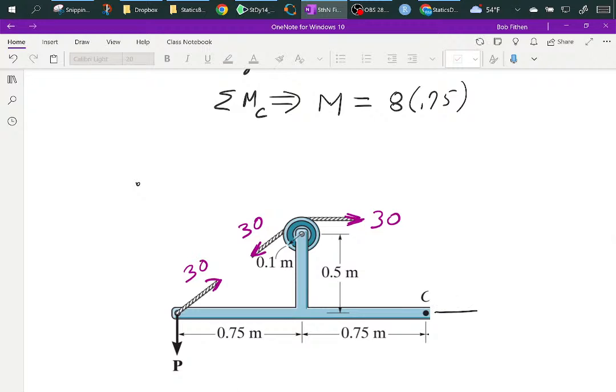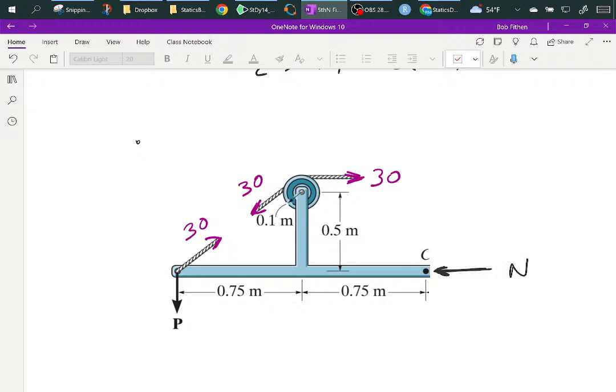Okay, so here's my normal. There's a positive shear, positive down on the right, and then a positive moment. Let me make sure I copy those correctly.